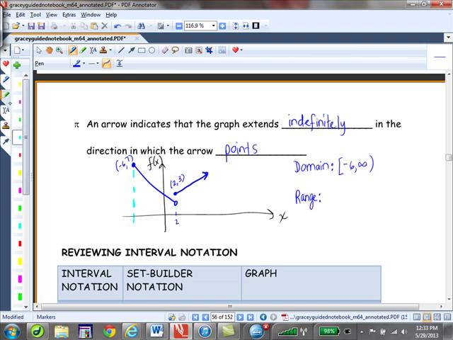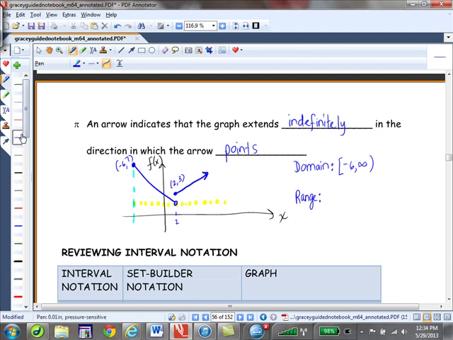So there is no highest point for the range, but there is definitely a lowest. You see that open circle is the lowest y value of the graph, or function value of the graph. And then, do you see how it goes up without bound? So it goes rightward and upward without bound.